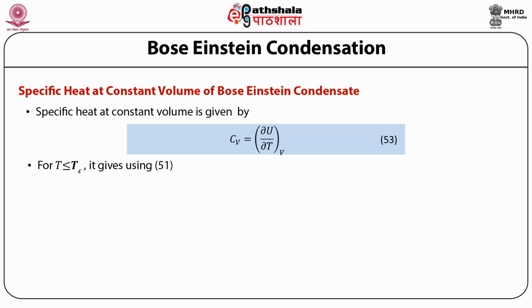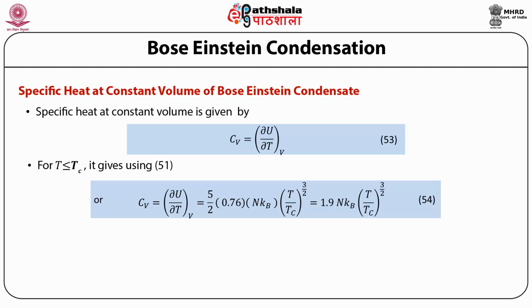For T less than or equal to T_c, using equation 51, C_v is equal to ∂U/∂T at constant volume, which is equal to 5/2 multiplied by 0.76 n k_B (T/T_c)^(3/2), which is equal to 1.9 n k_B (T/T_c)^(3/2). Therefore, C_v is proportional to T raised to power 3/2.